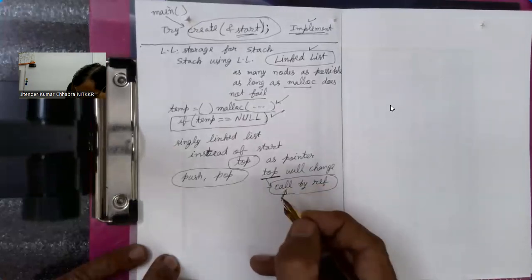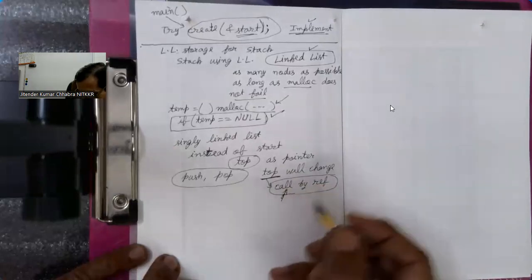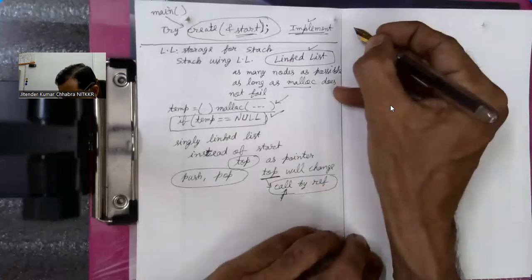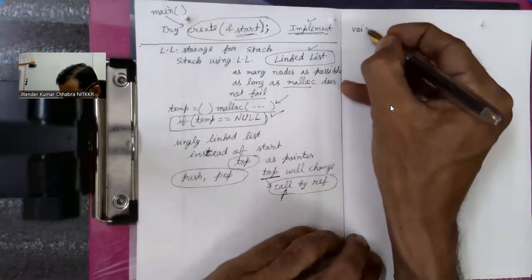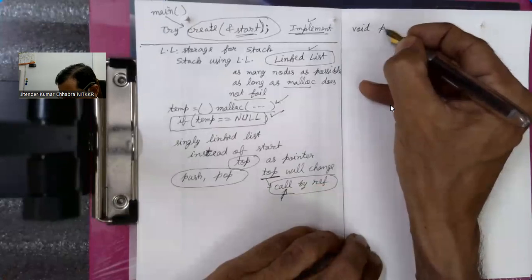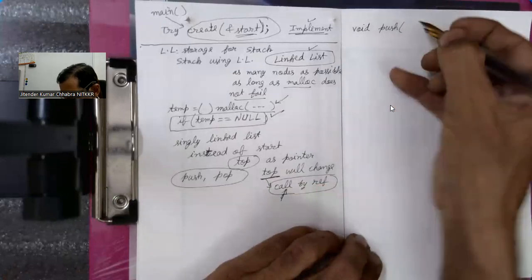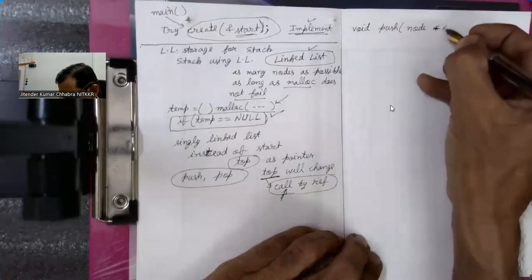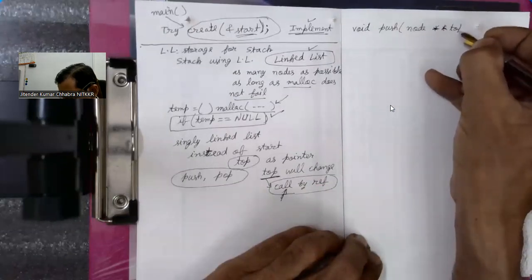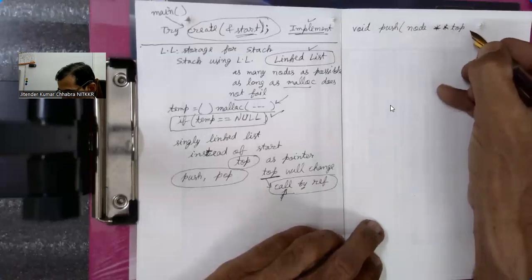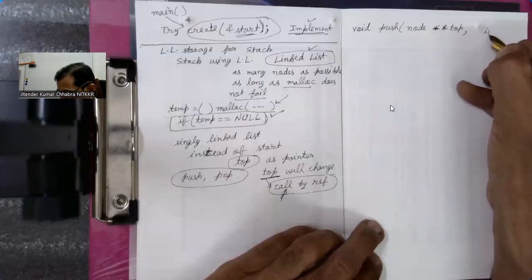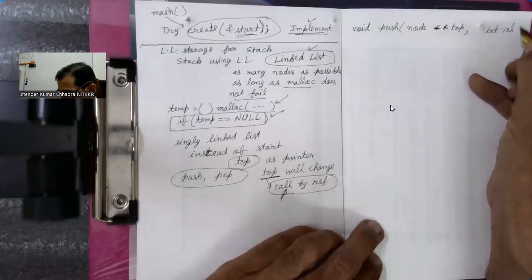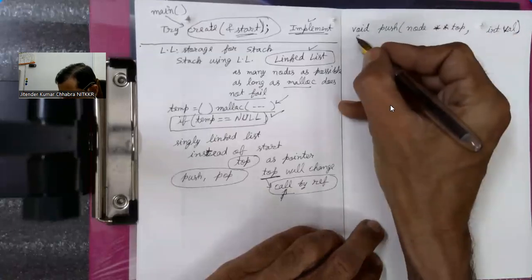How to do that, I'm leaving to you to think over. If I'm trying to use the push function, my push should effectively take node star star top, so top is passed as call by reference, and the value which is to be pushed is supplied. And now I should be able to do the push operation.